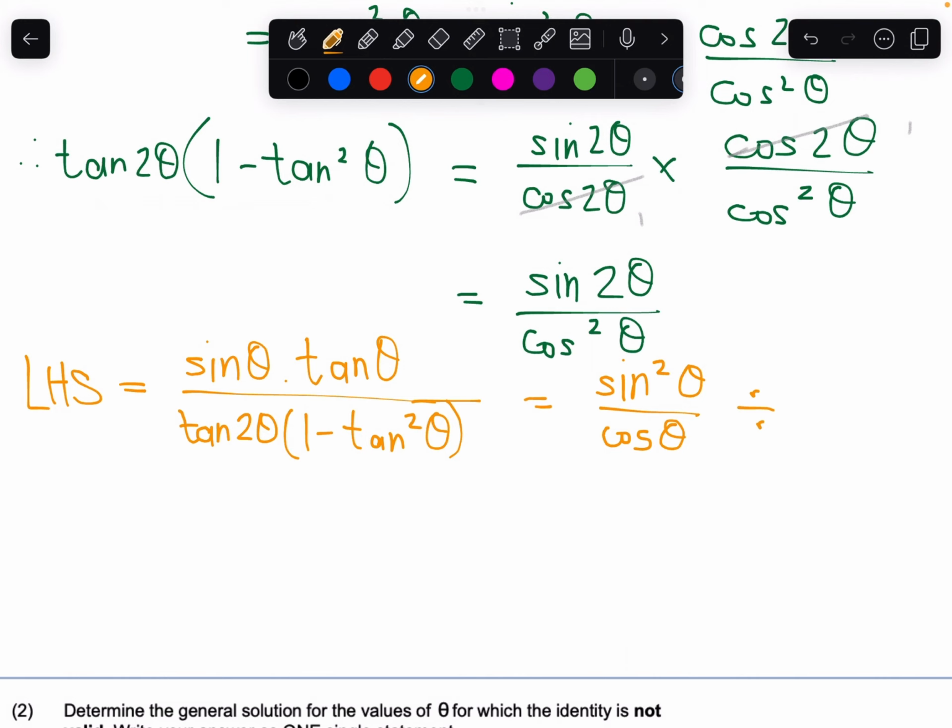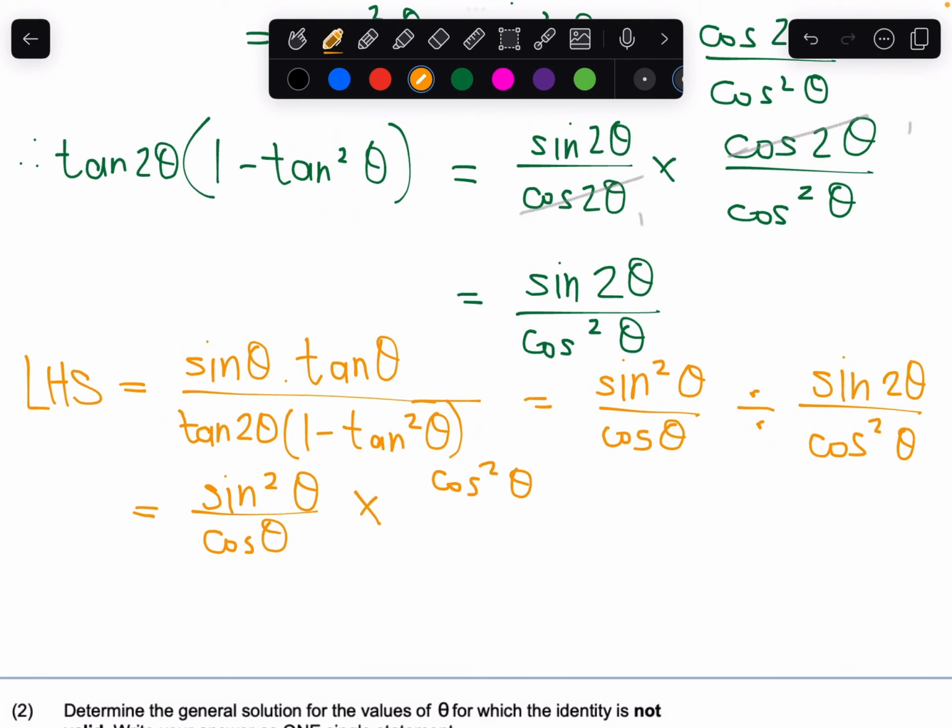So divide by sine of 2 theta divided by cos squared theta. There's a whole lot of fractions, dividing fractions, and of course we know dividing by a fraction is just the same as multiplying by the inverse. So that'll be cos squared theta, and here we'll have sine of 2 theta.